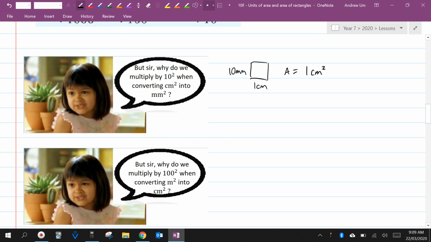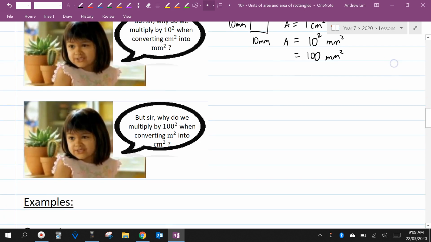Because technically there are 10 millimeters in 1 centimeter. So if I were to replace both of them by 10 millimeters, the area of this is now 10 times 10, which is 100 square millimeters. Or if you think about it, right, we're timesing it by 10 squared, which is the same as 100 square millimeters.